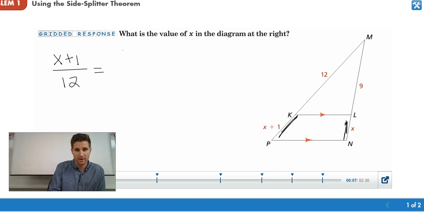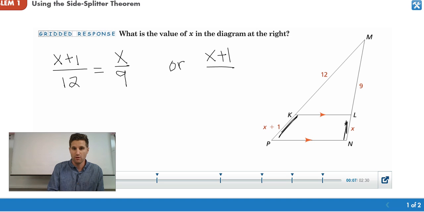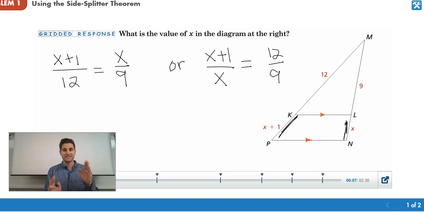I could do the same thing over here, x over 9, so I could do it that way, or I could do this from side to side, so I could do x plus 1 over x equals, so I went from left to right, so I do the same thing, 12 to 9. Do you see how I get the exact same cross products? x is multiplying 12, and x is multiplying 12 in both scenarios. So it doesn't matter which one I do.